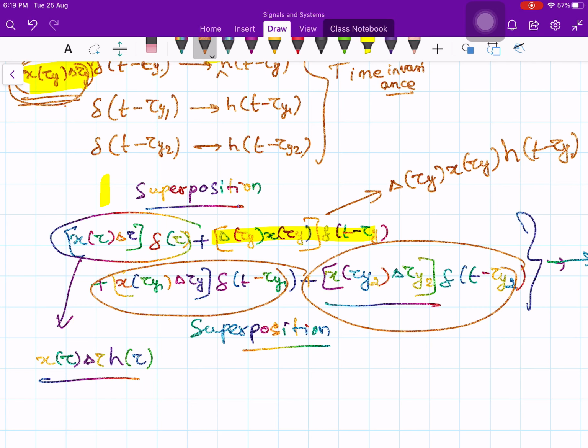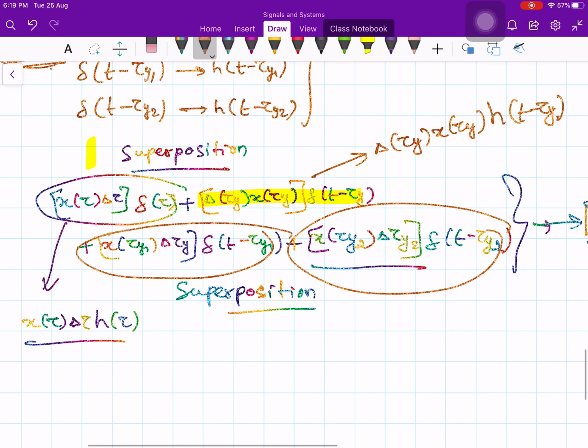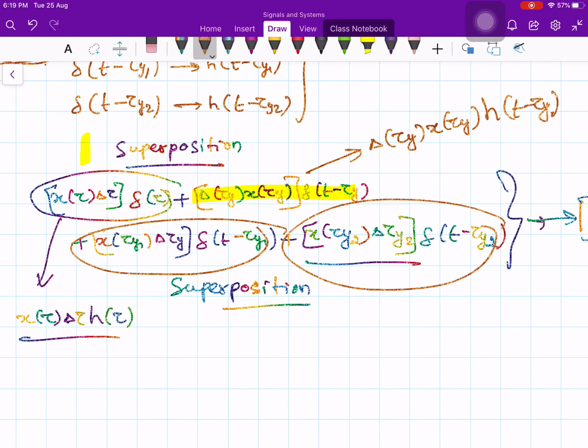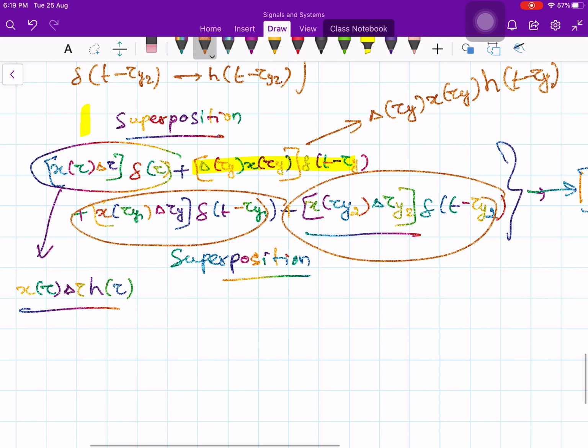Any impulse displaced by some amount will also give rise to an impulse response h of t minus tau, which is also displaced by the same amount, translated by the same amount. Now by the additive property, that is the superposition principle, you add all the impulses on the input side, and the output is nothing but the summation of all the impulse responses.